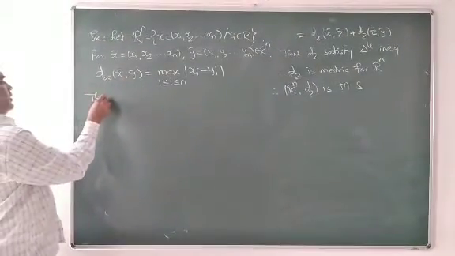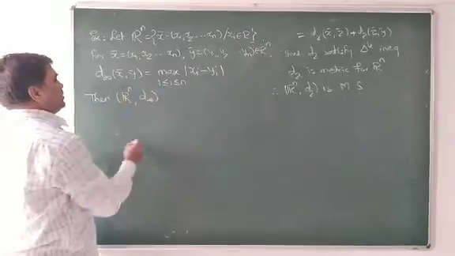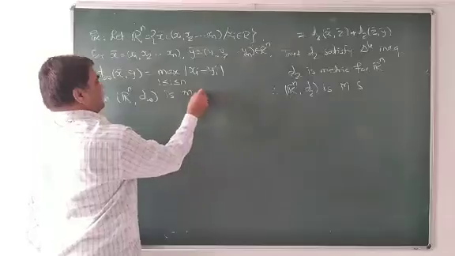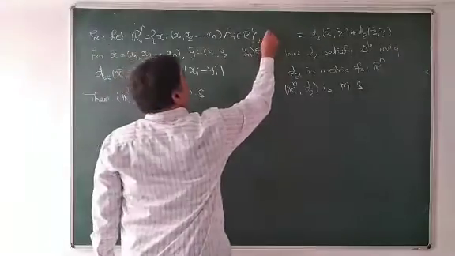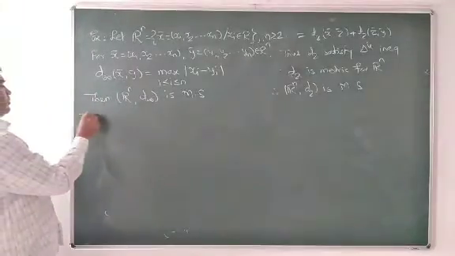Then Rn together with d infinity is a metric space. Here n is greater than or equal to 2.